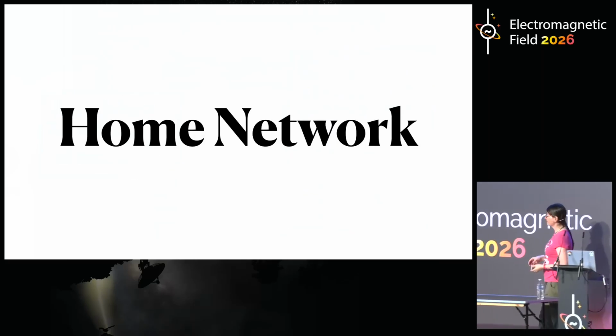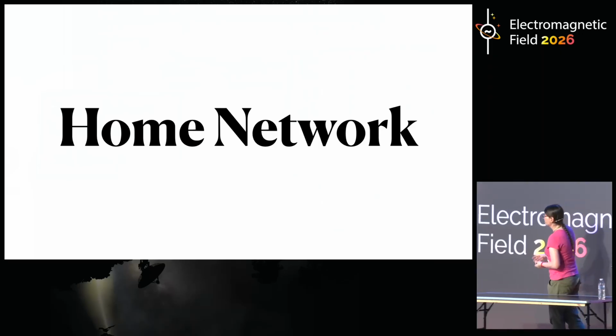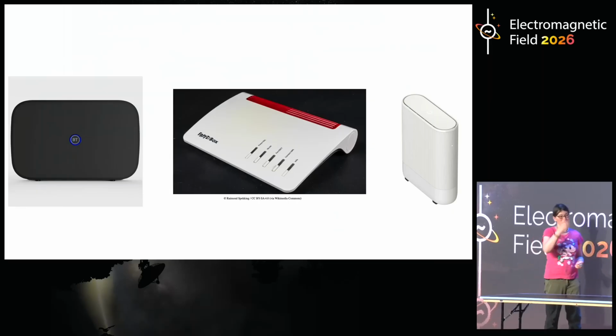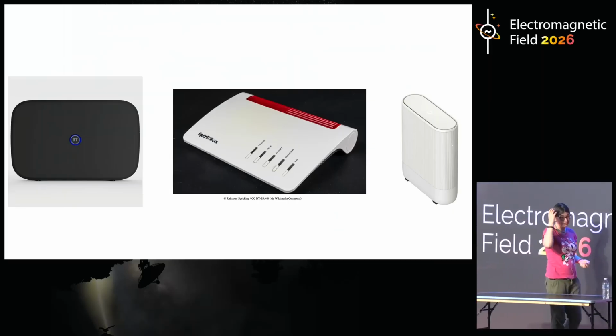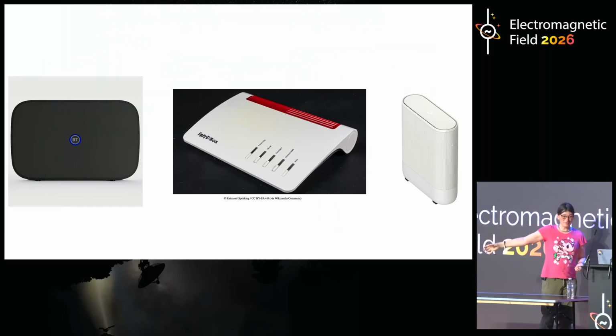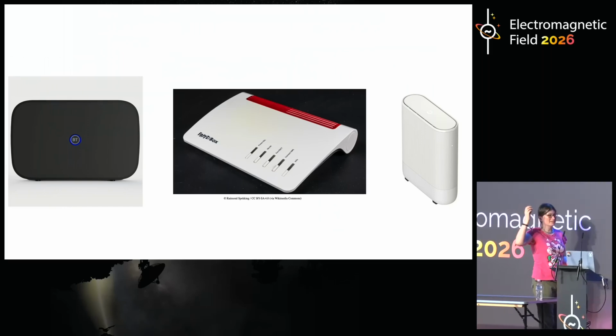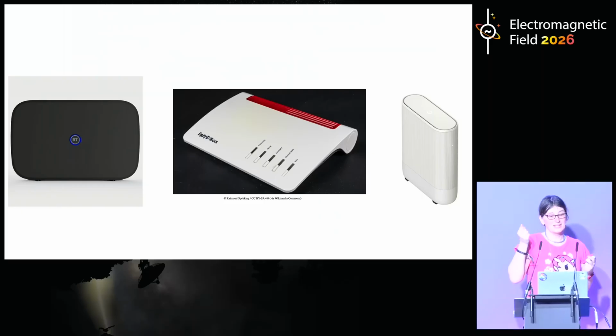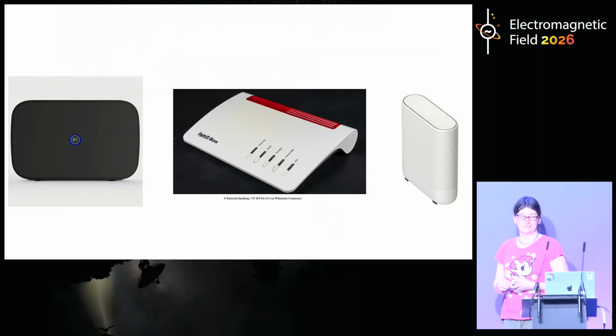If you use the internet at home, you typically connect to something like this that you have standing around somewhere. This device connects to your internet provider on one side, and you either plug in a network cable or, probably nowadays, use Wi-Fi to connect to the internet through it.